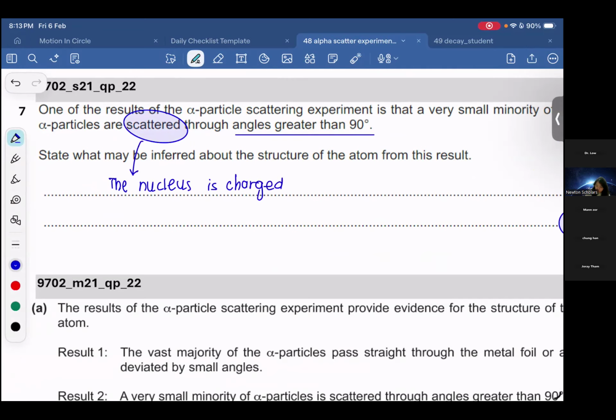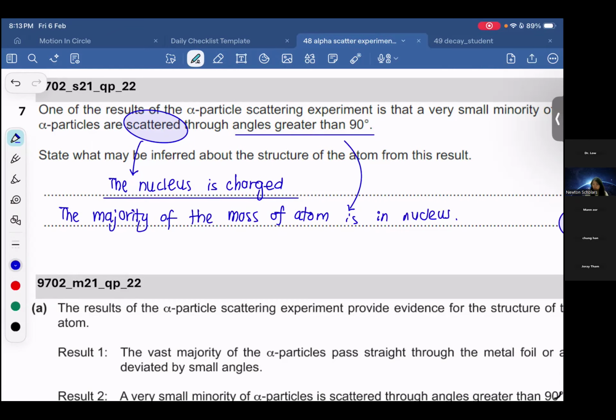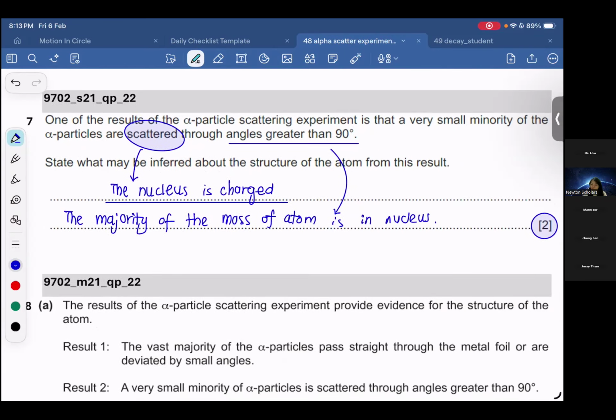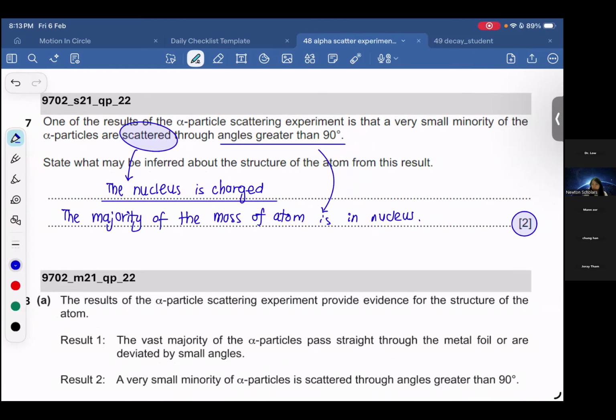Angle greater than 90 degrees, I can know that the majority of the mass of the atom is in the nucleus. So these are the 2 conclusions we can make from the third observation. Greater than 90 degrees happens to very, very few alpha particles, when they are very close to the nucleus.